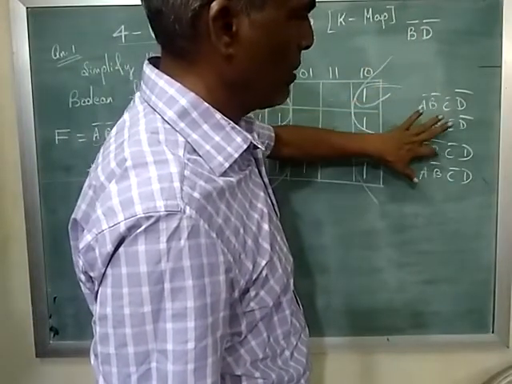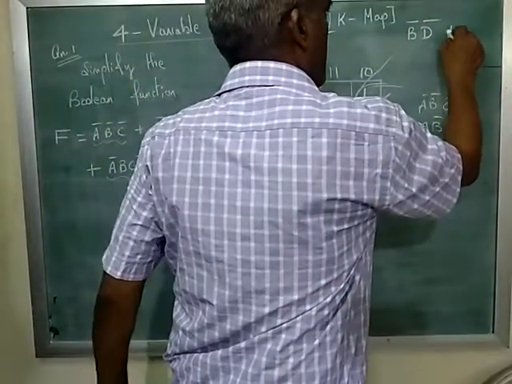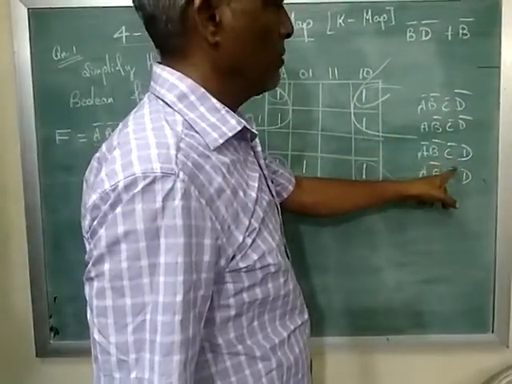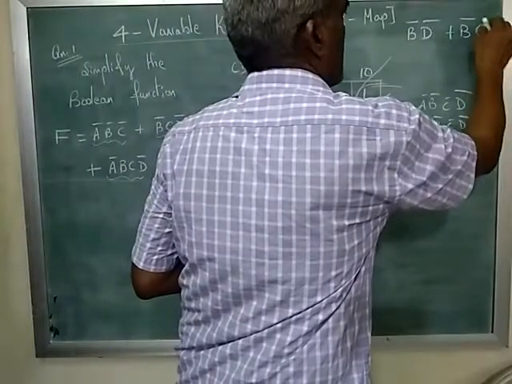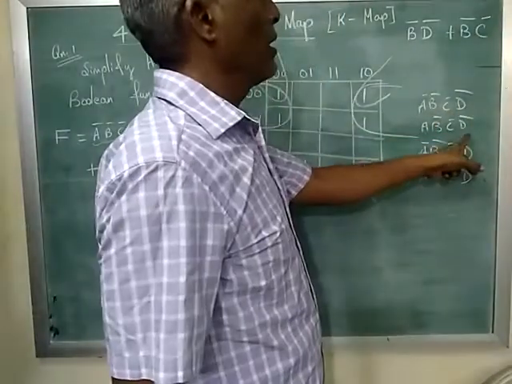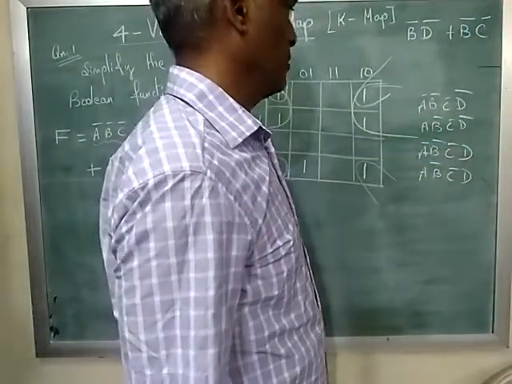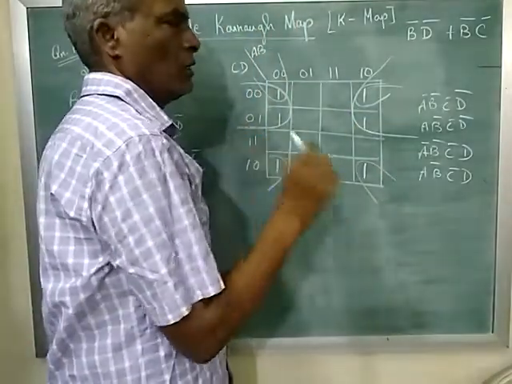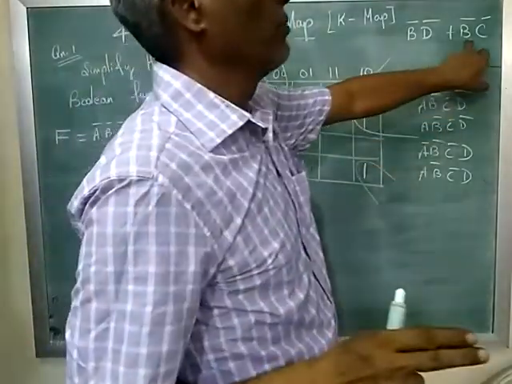B bar, B bar, B bar, B bar, so we have B bar as common. Then C bar, C bar, C bar, C bar, so it is C bar. D bar, D bar, D, D, so this is different. So one thing you have to remember, if you group 4 boxes, you will get only 2 variables. Okay.